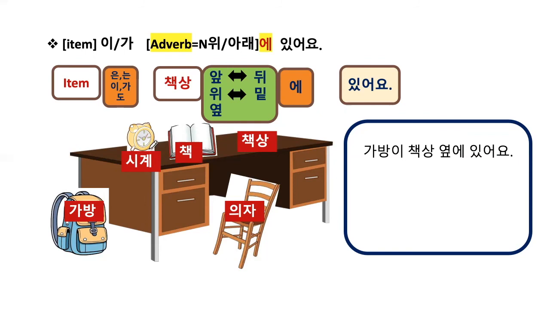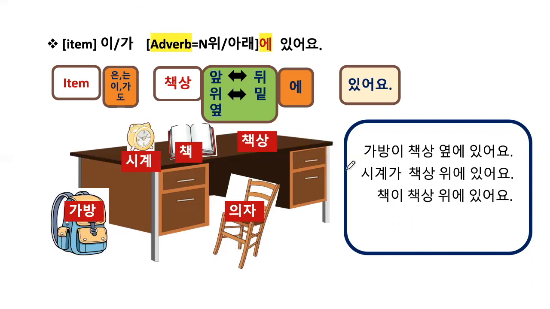Then what about the clock? 시계가 책상 위에 있어요. Then what about the book? 책이 책상 위에 있어요.